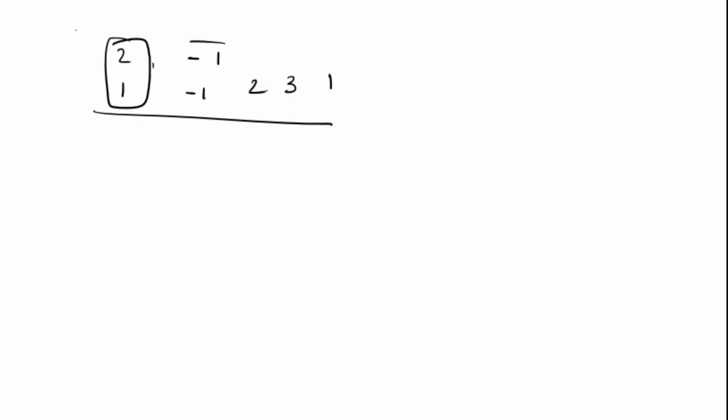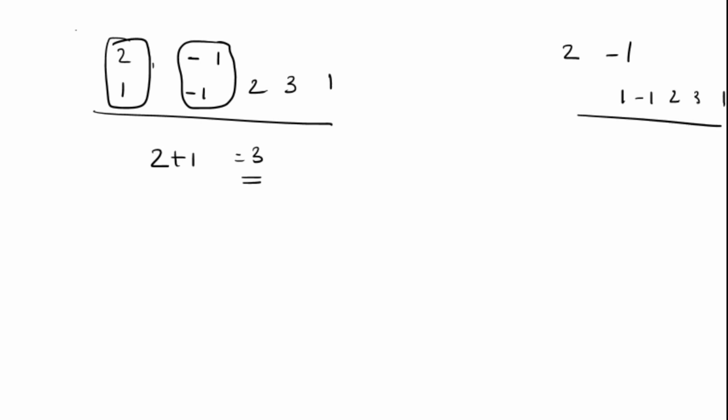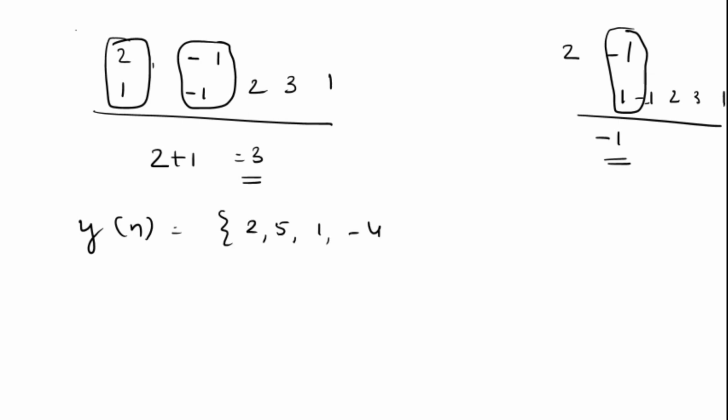Multiply and add it. 2 plus 1, answer will be 3. And last, 2 and minus 1, shift the signal. 1 minus 1, 2, 3, 1. So it is minus 1 and 1, answer will be minus 1. So y of n is equal to 2, 5, 1, minus 4, 3 and minus 1, which is the answer for the given problem, and this is same as previous method answers.